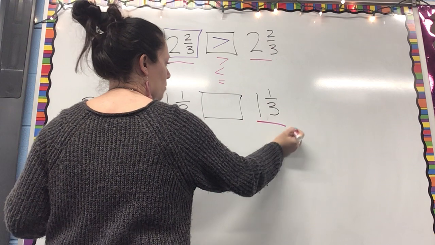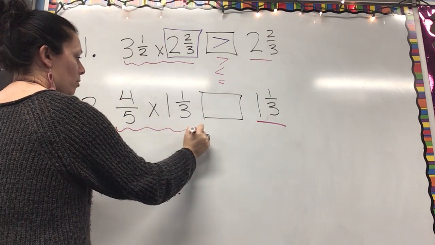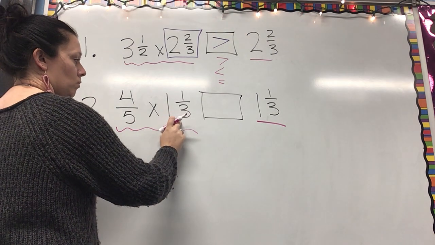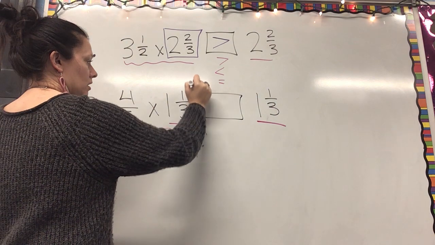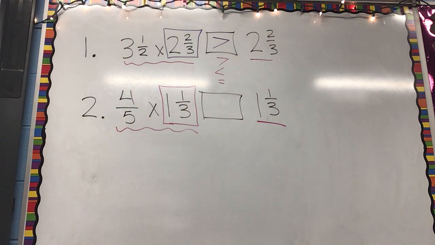I have a mixed number, 1 1/3. Over here we have a what? We have an equation. And coincidentally, this equation also has what mixed number in it? 1 1/3. And I'm multiplying that number.